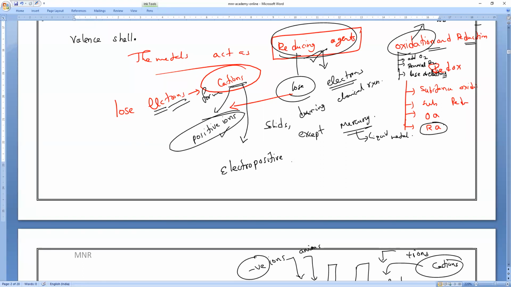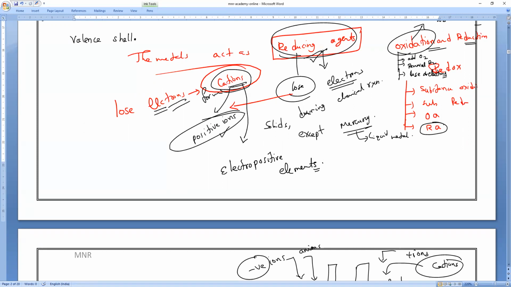There is a possibility of a question: why are metals called electropositive elements? Because they can form positive ions, called cations, by losing electrons. That is what you have to remember. Everybody clear? All of you, please respond.